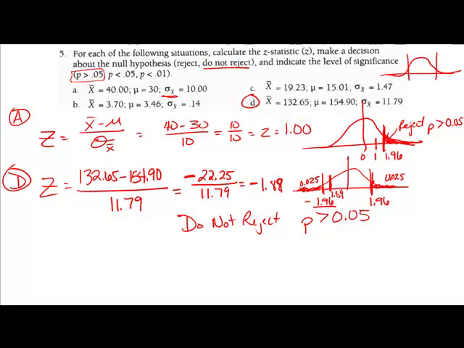So I know the answers, so let's do C. Spoilers. Calculate the z-score. 19.23 minus 15.01 with a standard error of 1.47.